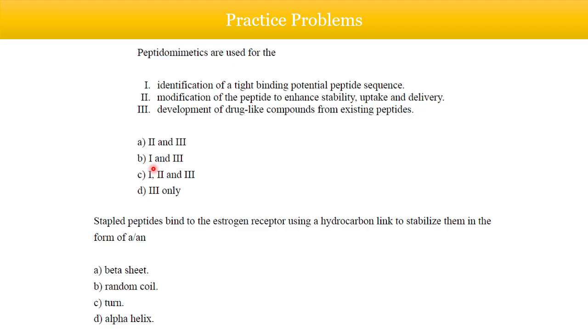Stapled peptides bind to estrogen receptor using a hydrocarbon link to stabilize them in the form of a beta sheet, random coil, turn, or an alpha helix. So how do the stapled peptides bind to the estrogen receptor?